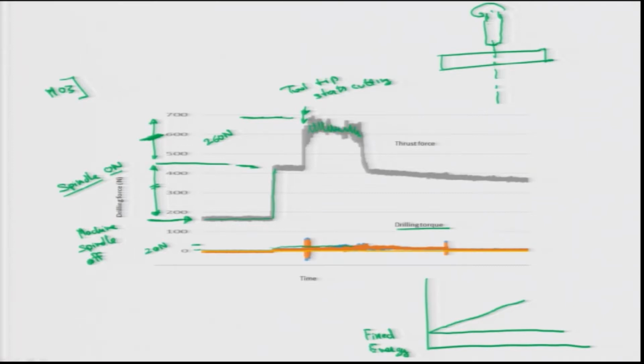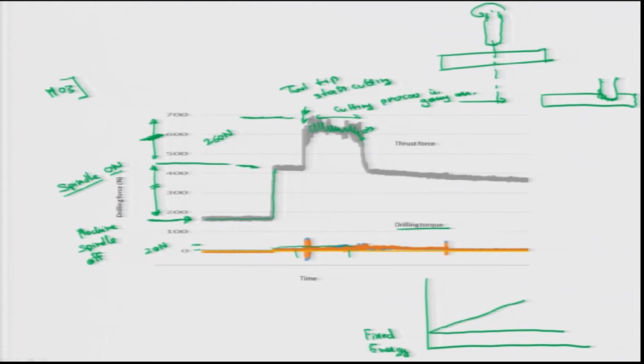During this time the cutting process is going on. At this position the drill is in my workpiece and the cutting process is going on.